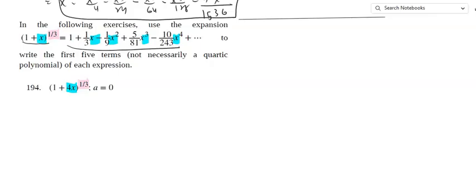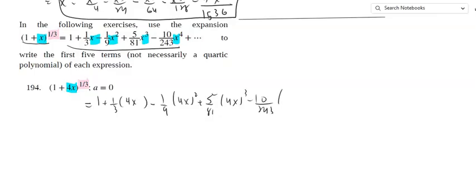That is going to equal 1 plus 1/3, in place of x you're going to put in 4x, minus 1 over 9 times 4x squared plus 5 over 81 times 4x cubed minus 10 over 243 times 4x to the 4th.